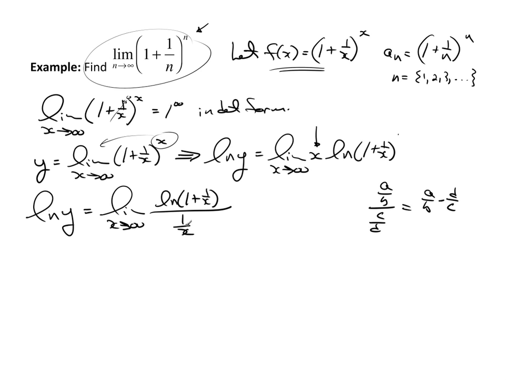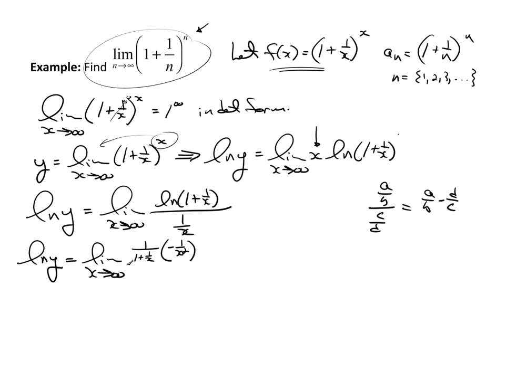It's another indeterminate form. So I'm going to apply L'Hopital's rule to this right-hand side. So ln y equals a limit as x goes to infinity. If I take the derivative of the numerator, I get 1 over 1 plus 1 over x times the derivative of the inside, which is this negative 1 over x squared.